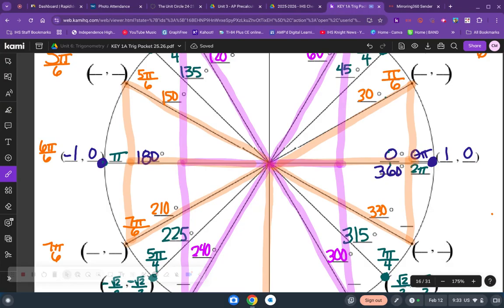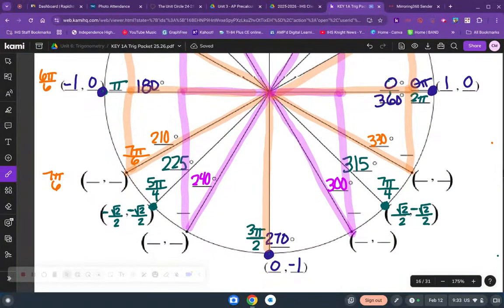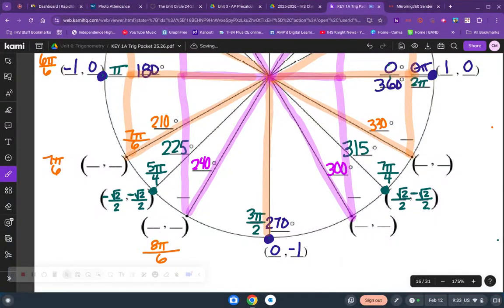And then next would be 8 pi over 6, and that's going to simplify. 8 pi over 6 is 4 pi over 3, which checks out, right? Because my 60-degree angles were over 3. So I'm doing good. That puts me at 9 pi over 6 down here at the bottom.